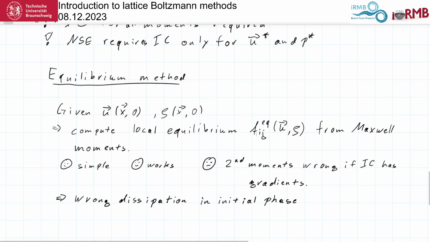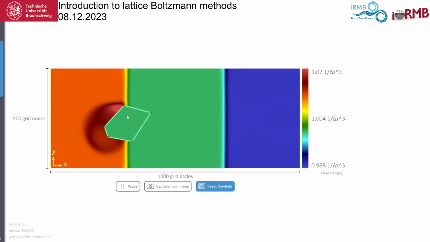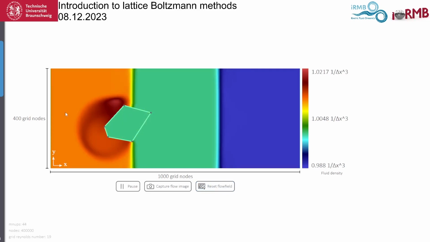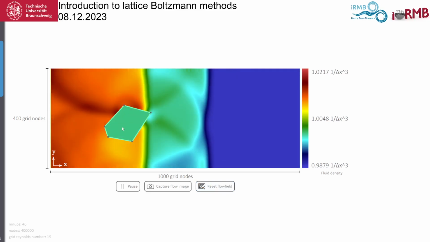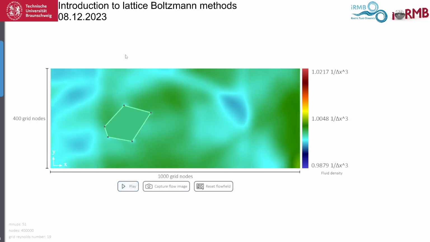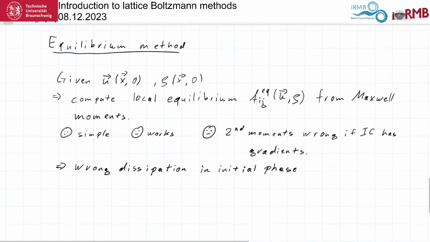Yeah, you start the simulation, and in the beginning, this is not necessarily accurate. Yeah, so I restart, and then you see pressure waves going everywhere. Yeah, so this is not a consistent initial condition. Okay, but it doesn't matter if you are just interested in later times. Yeah, then this thing will dissipate.